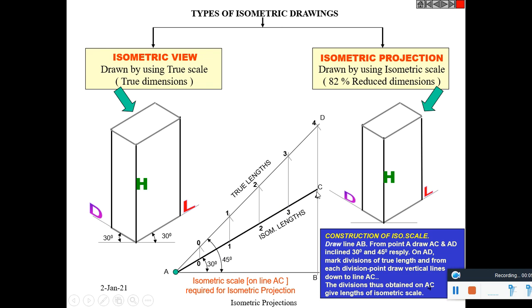This dimension from A to this point gives the isometric length of the dimension from A to D. Similarly, these points also are projected downwards and we get the isometric dimensions from this line. And this dimension is taken on a compass or on a divider and marked to draw the isometric projection.